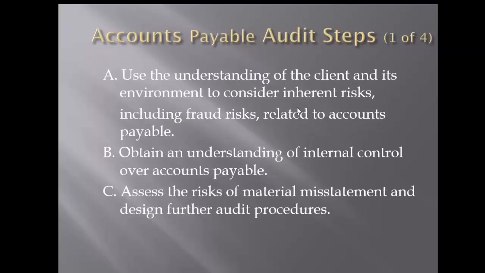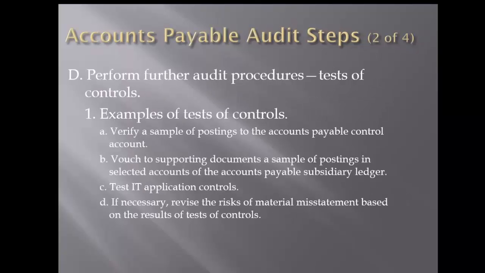Okay, accounts payable audit steps. Let's go through this and then we'll jump over to the next chapter. And so we understand the client, inherent risk, obtain an understanding of internal controls, and based upon inherent risk and control risk we determine the risk of material misstatement. Perform further audit procedures.